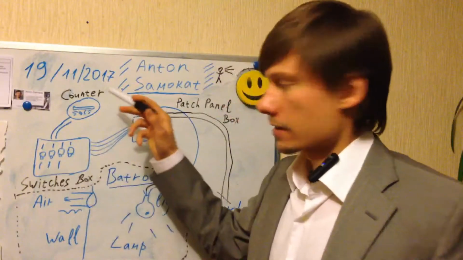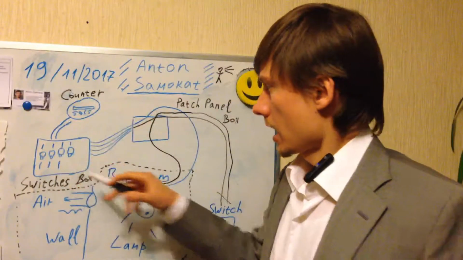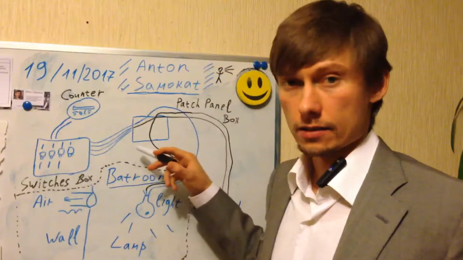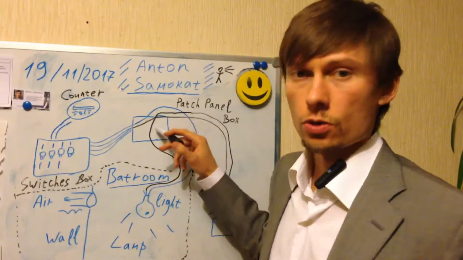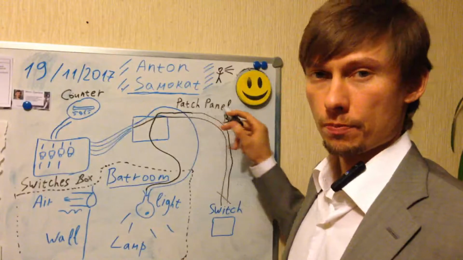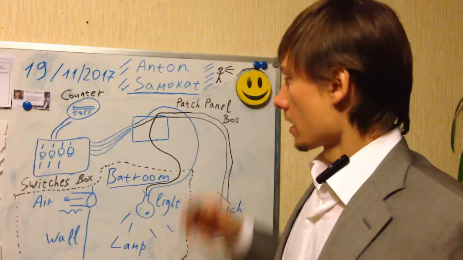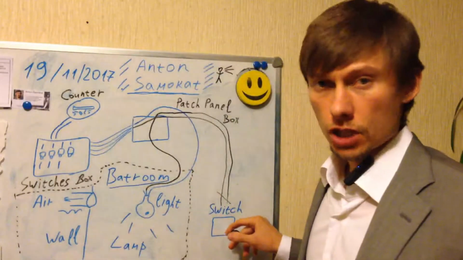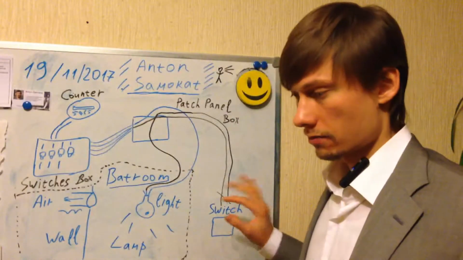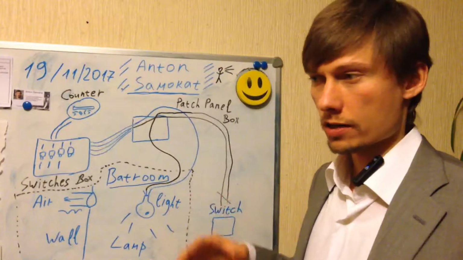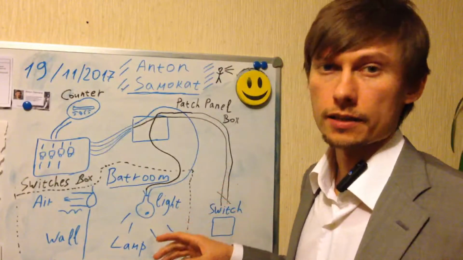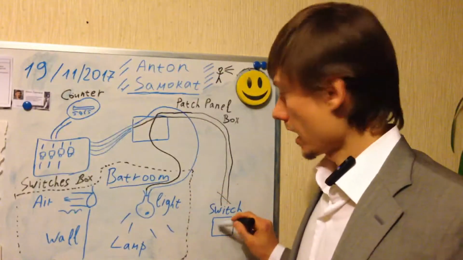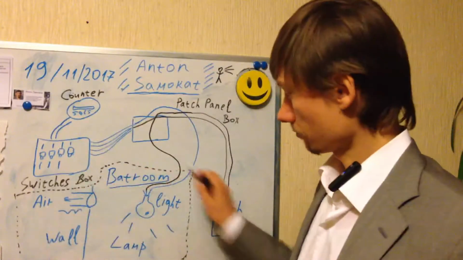Okay, this is a counter, this is the switches box, and the next point here in the corridor is a patch panel box. Here is the switch that can switch off the light in the bathroom and switch on the light in the bathroom. And here is the bathroom.